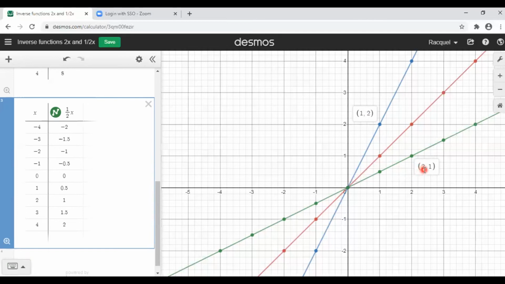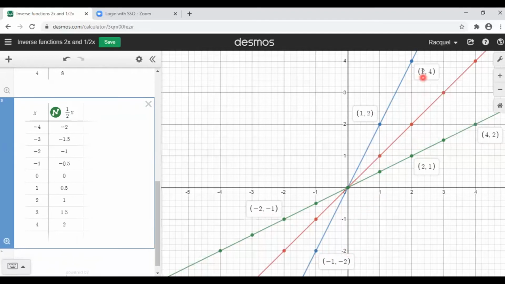So this will become the element in the range of the inverse function, which is correct. How about this point? This is 4, 2, and this is 2, 4. How about this point? This is -2 and -1, so we expect that is -1 and -2.